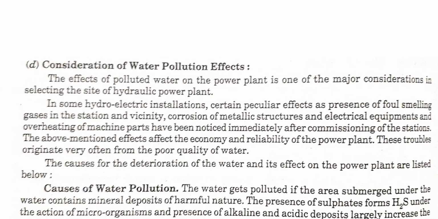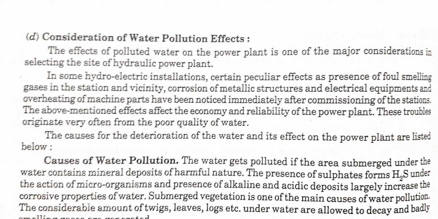Next is the water pollution effect. The effect of polluted water on the power plant is one of the major considerations in selecting the site of a hydroelectric power plant.